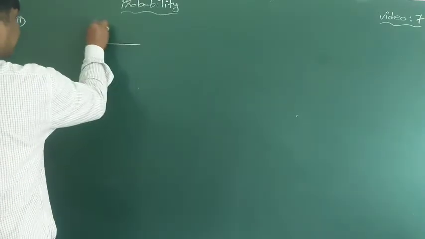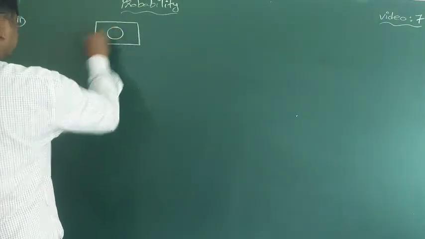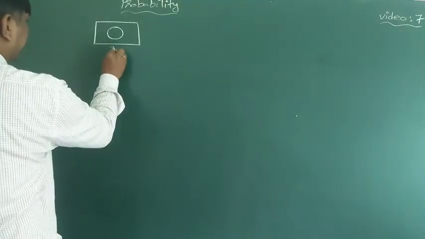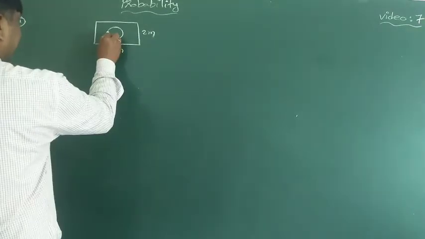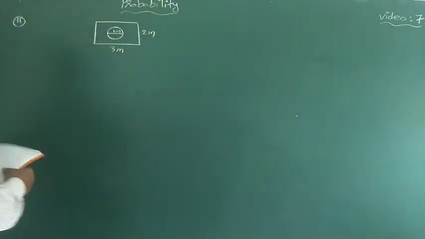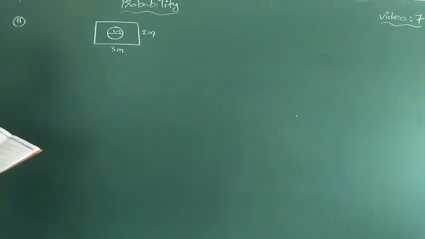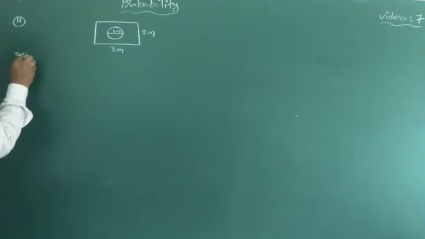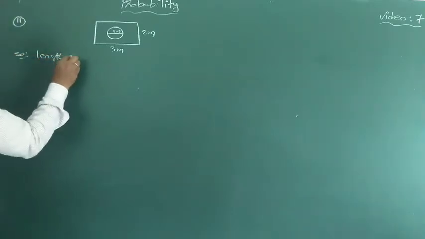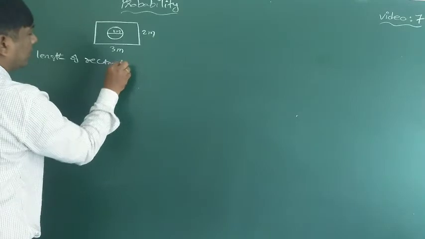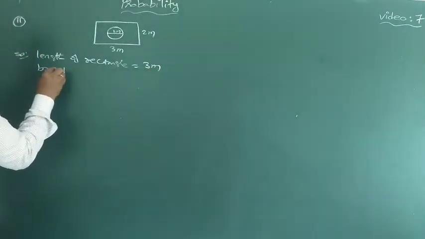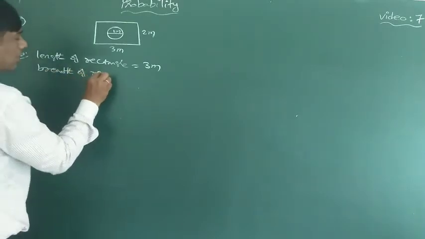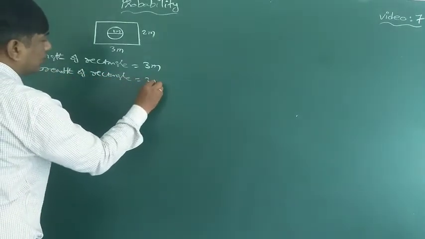Here in this one, a circle is there, and the rectangle is 3 meters length and 2 meters width, and the diameter of the circle is equal to 1 meter. What is the probability that it will land inside the circle? Length of the rectangle is equal to 3 meters. Breadth of the rectangle is equal to 2 meters.